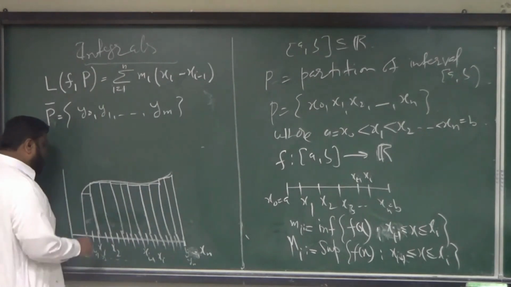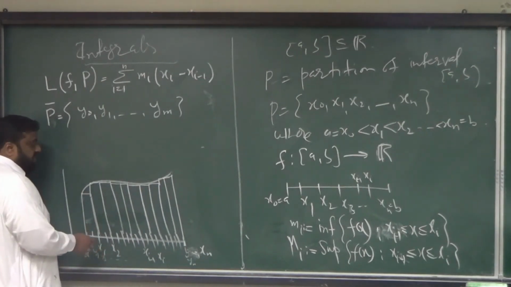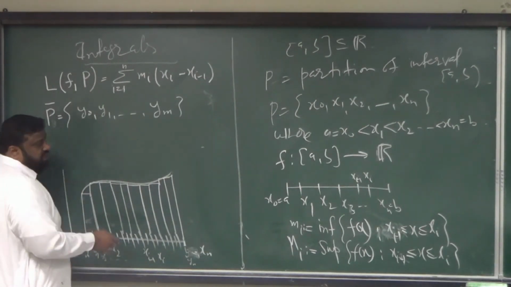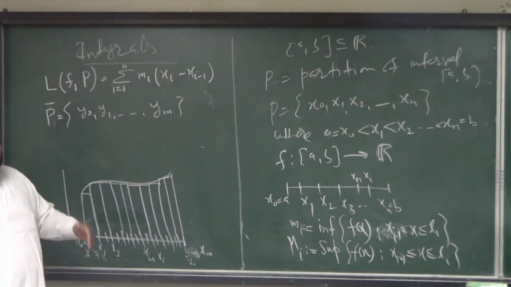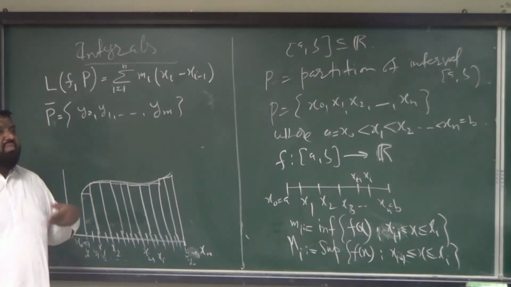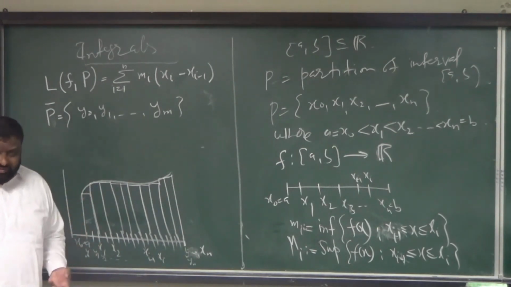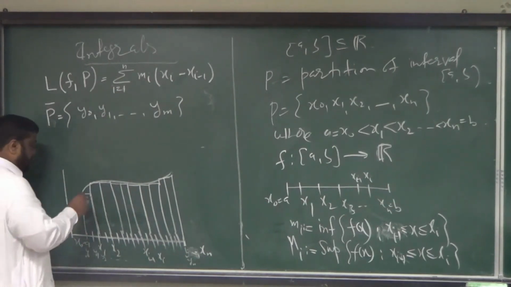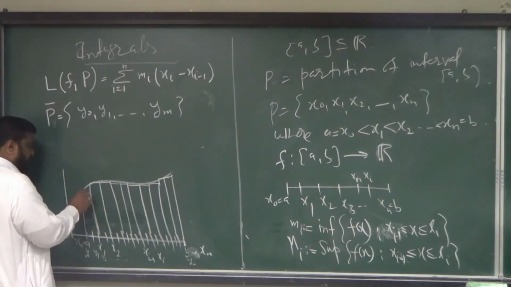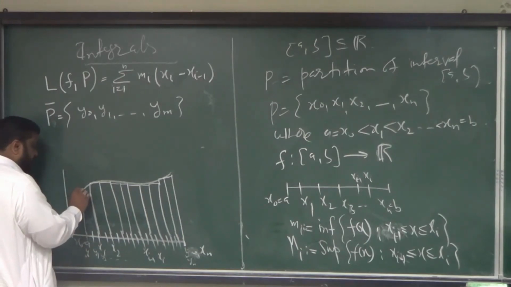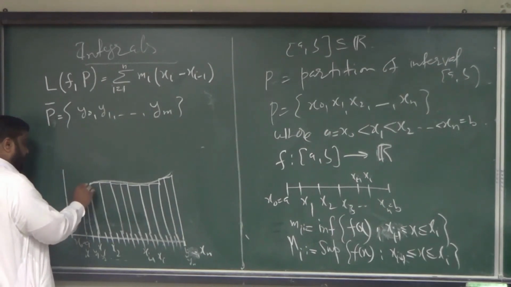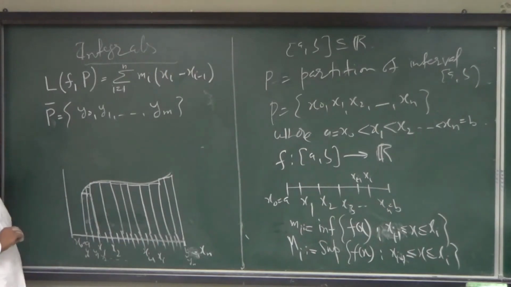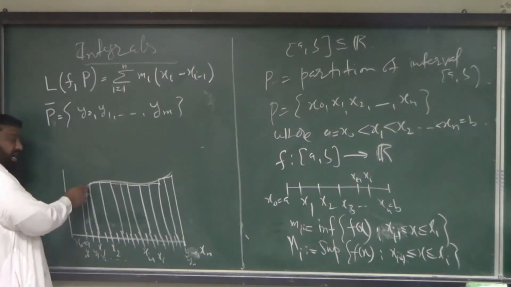We're doing the same. I want to compute with this new partition the lower Riemann sum, and see whether my area is going to improve or not. Take the same endpoints, and see that this part has already been saved.